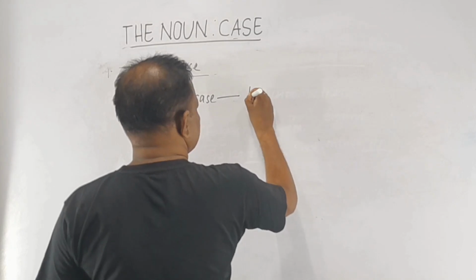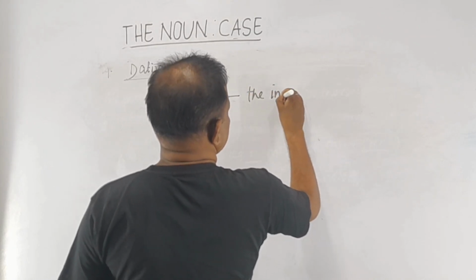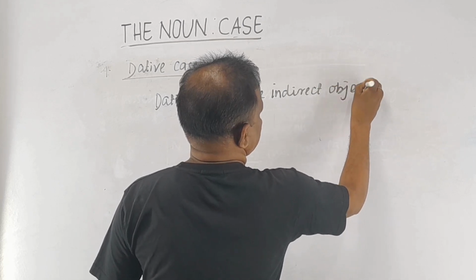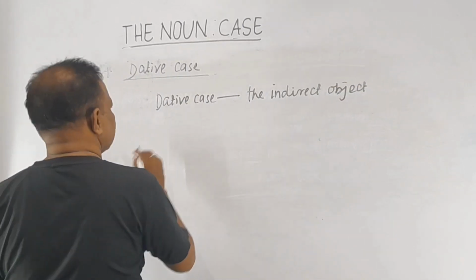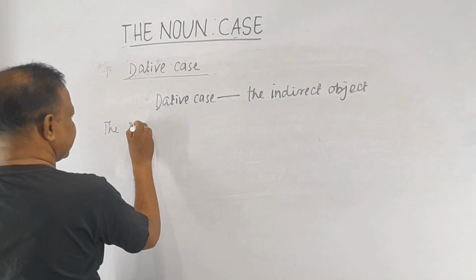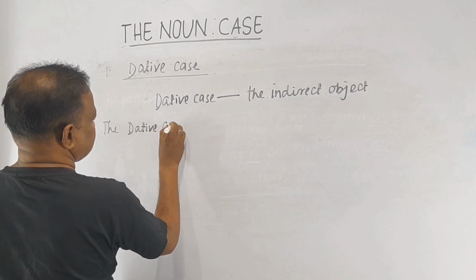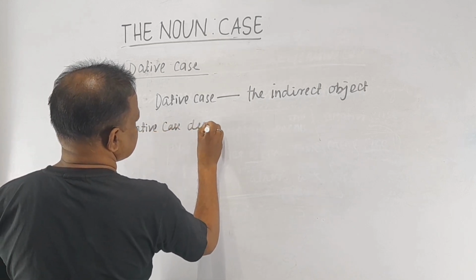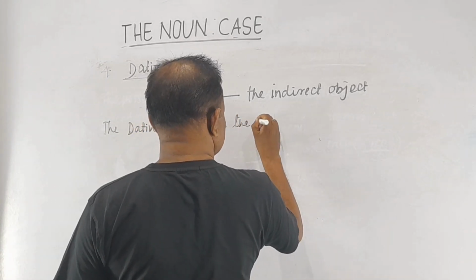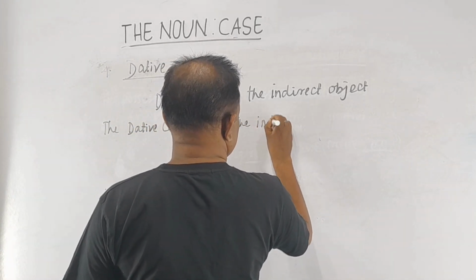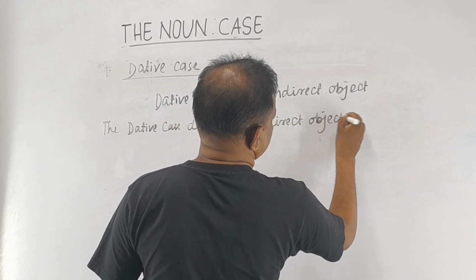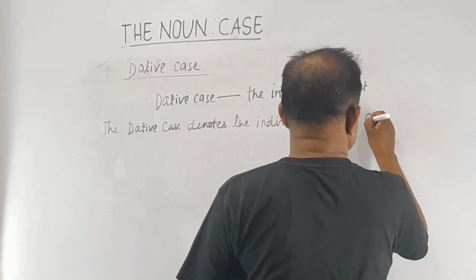For example, we may write: the dative case denotes the indirect object in a sentence.